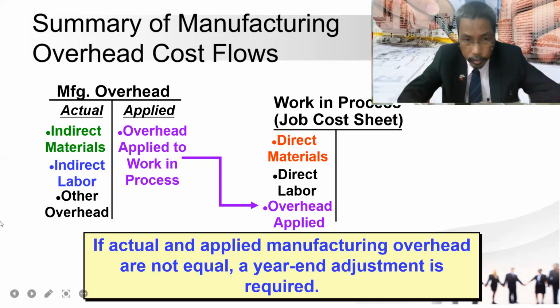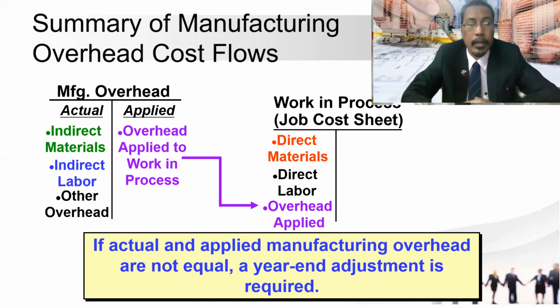So you will notice there are actual and applied. So actual are the amounts after the period happens, you already know the indirect materials. You already know the expenses in indirect labor and other overhead. What about applied? That is your estimated.